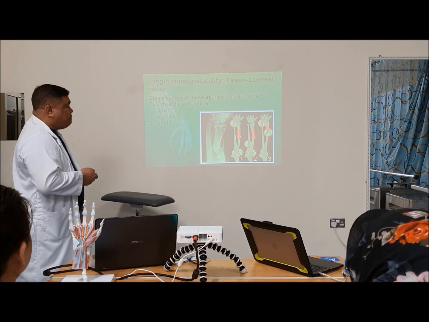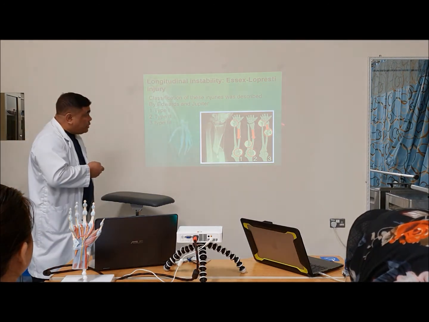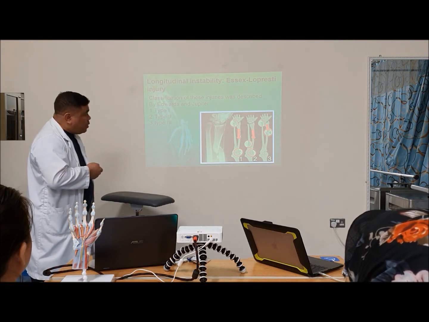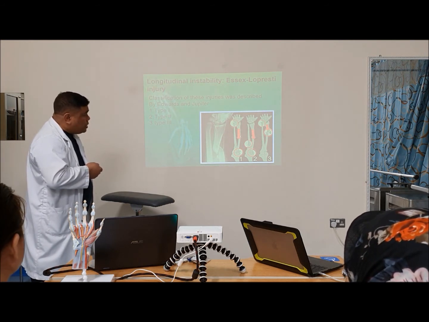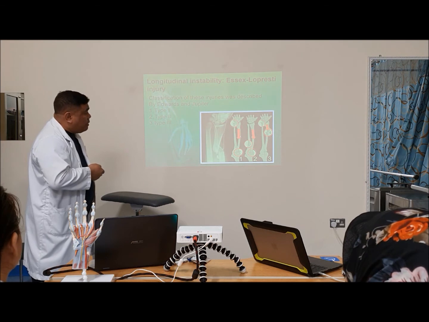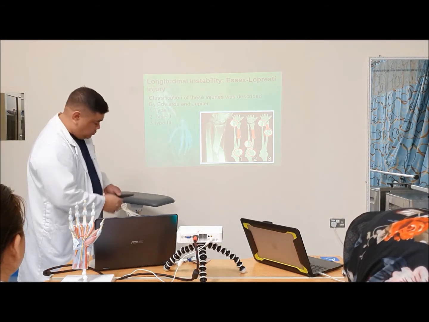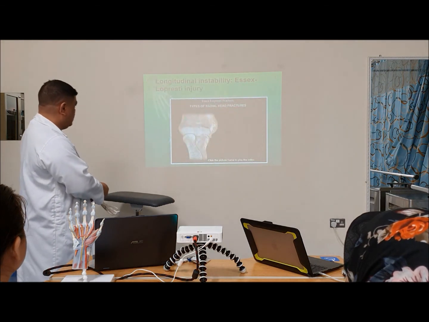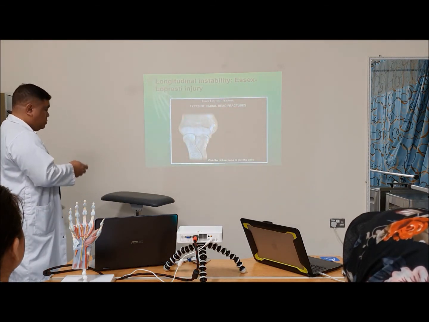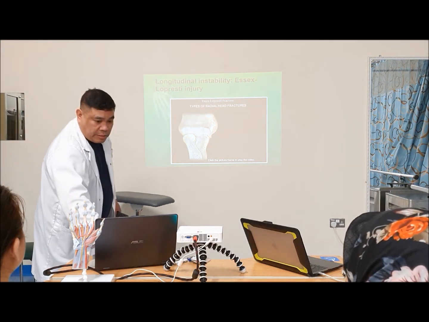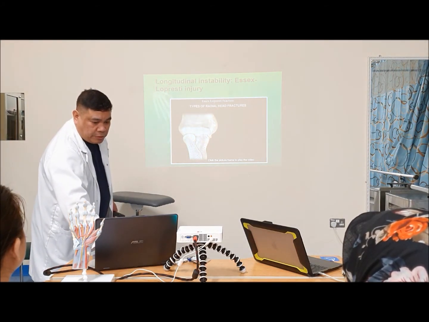And in type 3, it has also the dislocation of the RUJ plus fracture of the ulna radius in proximal part here.